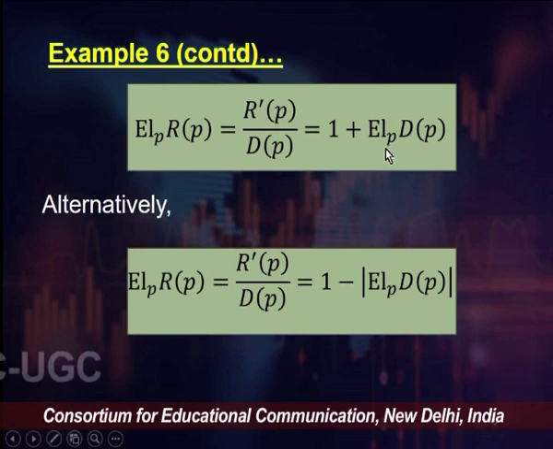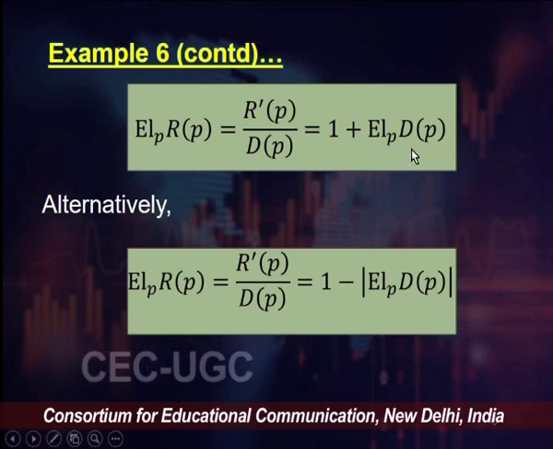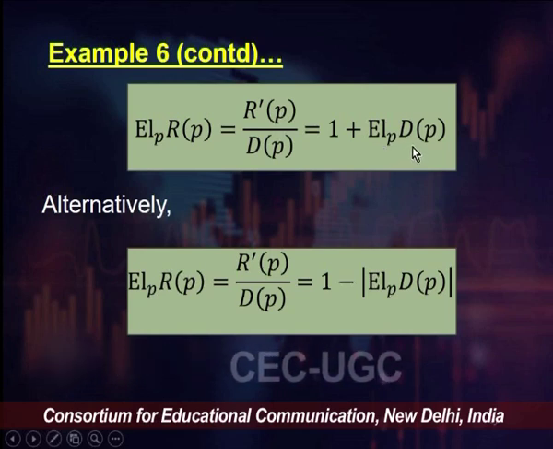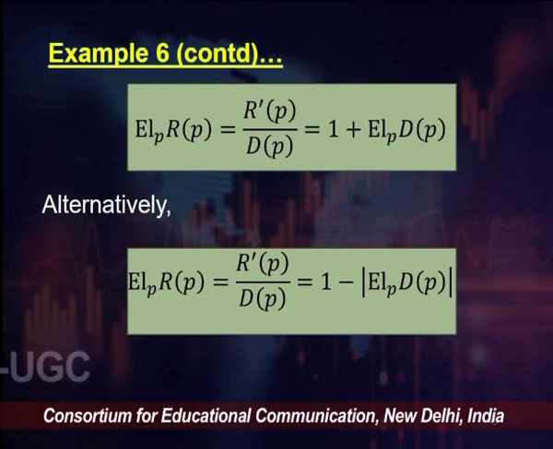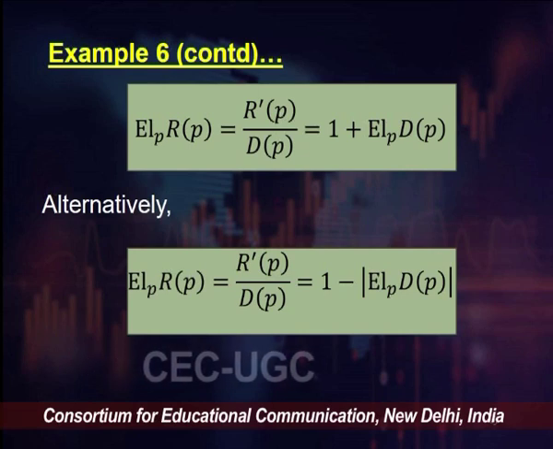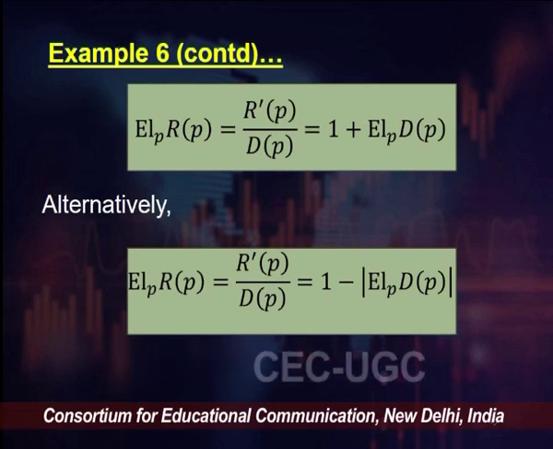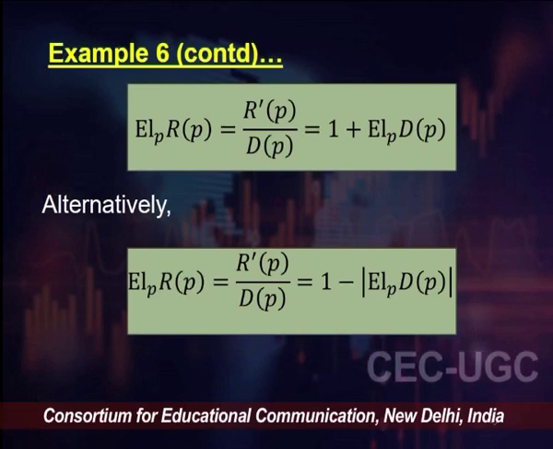Now, because the demand curve is downward sloping, it's going to give us dq by dp as negative, so d prime of p is going to be negative. So it is customary to express this expression in terms of an absolute value, because by looking at the absolute value, we are able to compare things better.